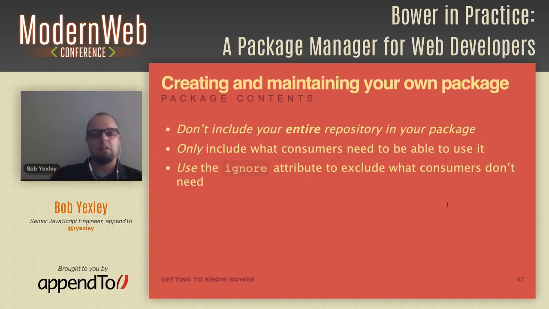So you make liberal use of the ignore attribute in your bower.json file to tell consumers what parts of the Git repository can be ignored and not downloaded. Only include what consumers of your package need to be able to use it. And I think this is really important because it helps keep from cluttering up package consumers' directories with a bunch of stuff that they're never going to use related to your package.